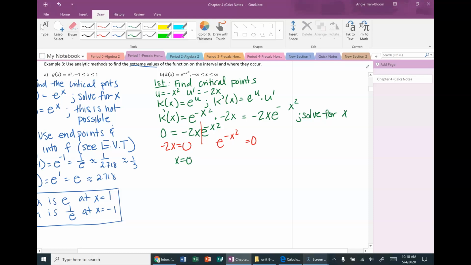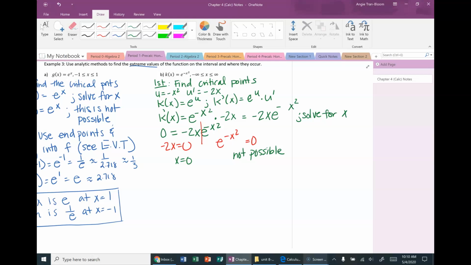As we know already from a prior example, if it's an exponential, y can't be 0 or negative. So this is not possible on this side, okay? So currently, we have x equals 0. That's one location.